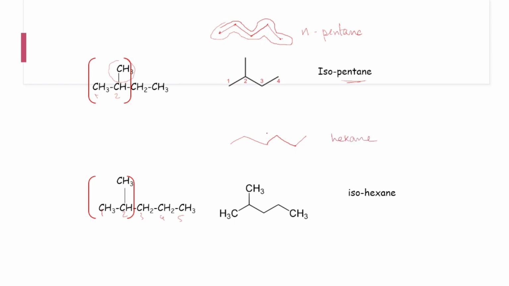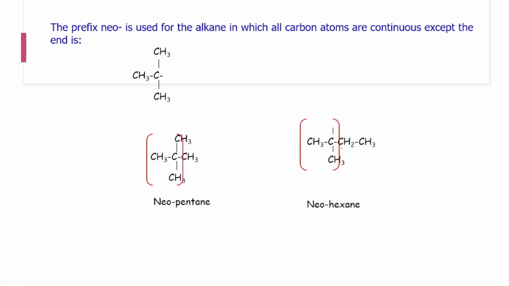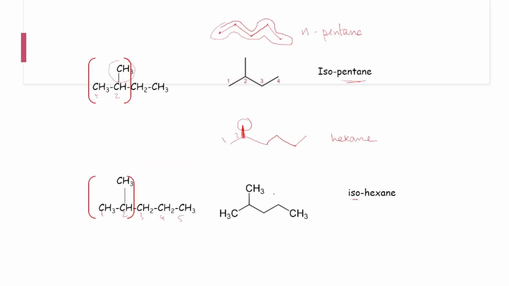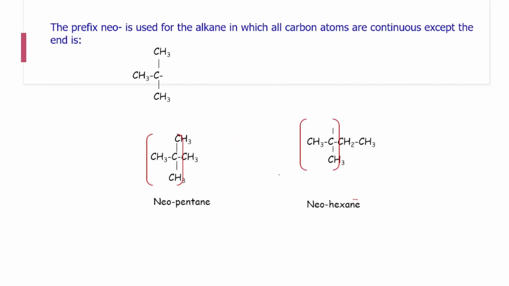But if one of the carbons is a branch at carbon number 2, so this is going to be a methyl group at carbon number 2, so I have to use the iso prefix.